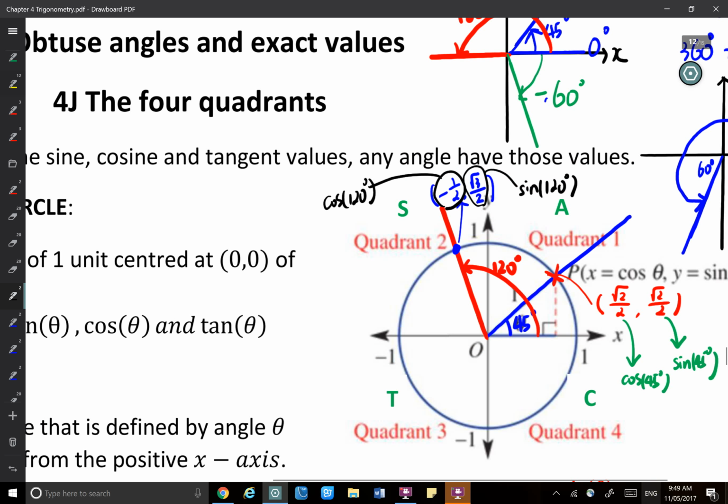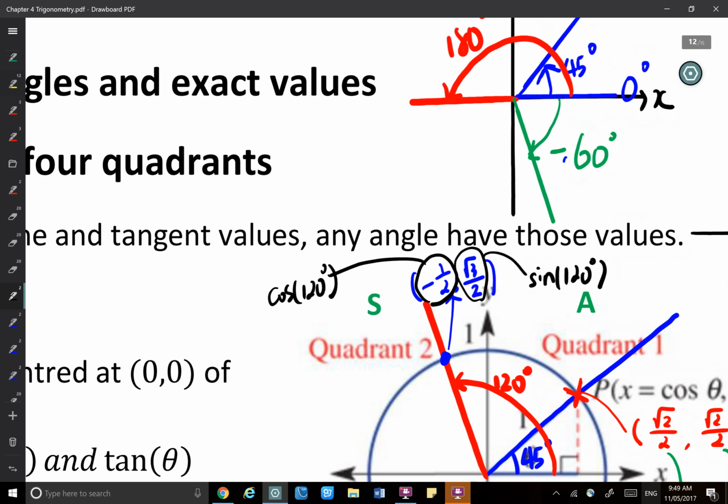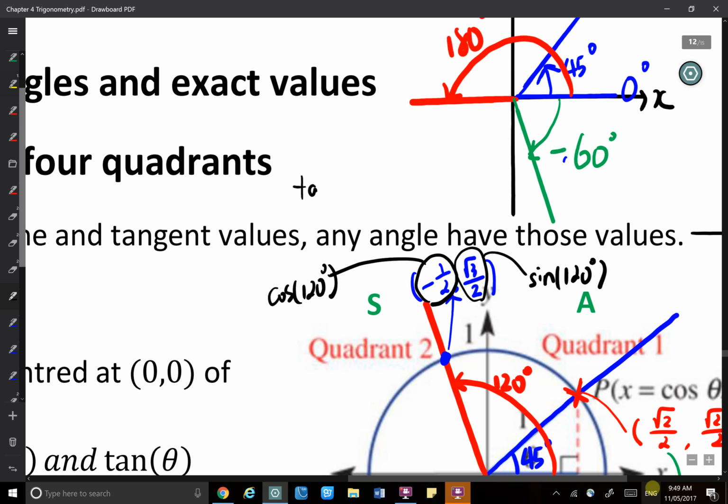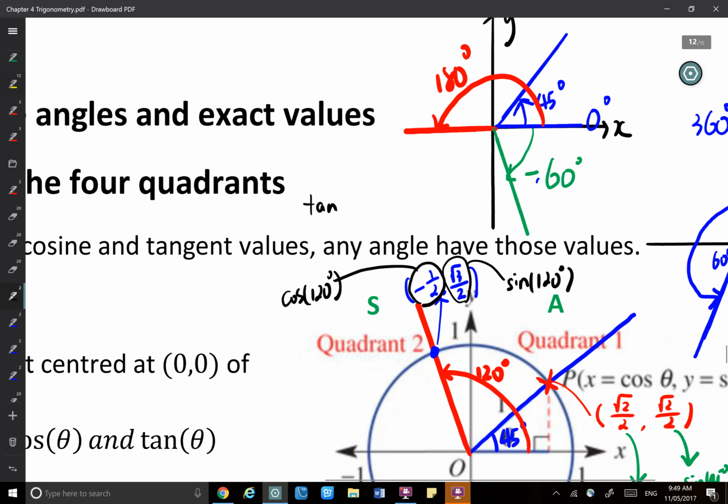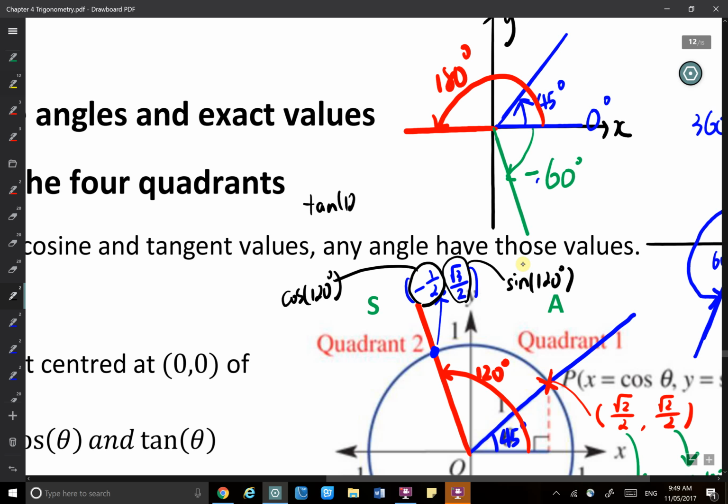So let's have a look at this 120. Sine 120 is that, cosine 120 is that. Therefore, tangent 120 is root 3 over 2 divided by negative a half.